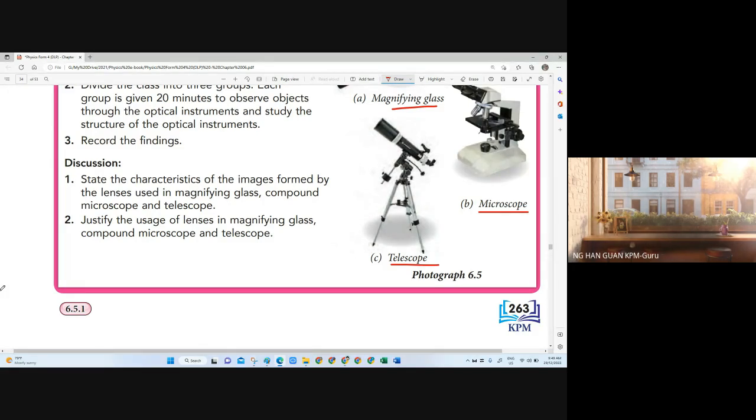The object is fixed. You can't magnify an object unless it's in cartoons or movies, like Ant-Man. But in reality, we can only magnify through image forming.